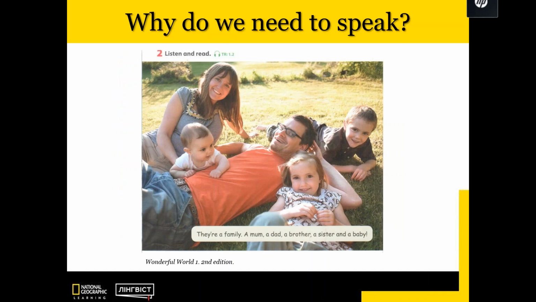Coming back to the first graders, this is the photo of a real family, right? Not the cartoons, not some fictional characters, right? But the real family that looks like students can maybe recall something. They can recall how they went with their parents during the holidays and something like that.